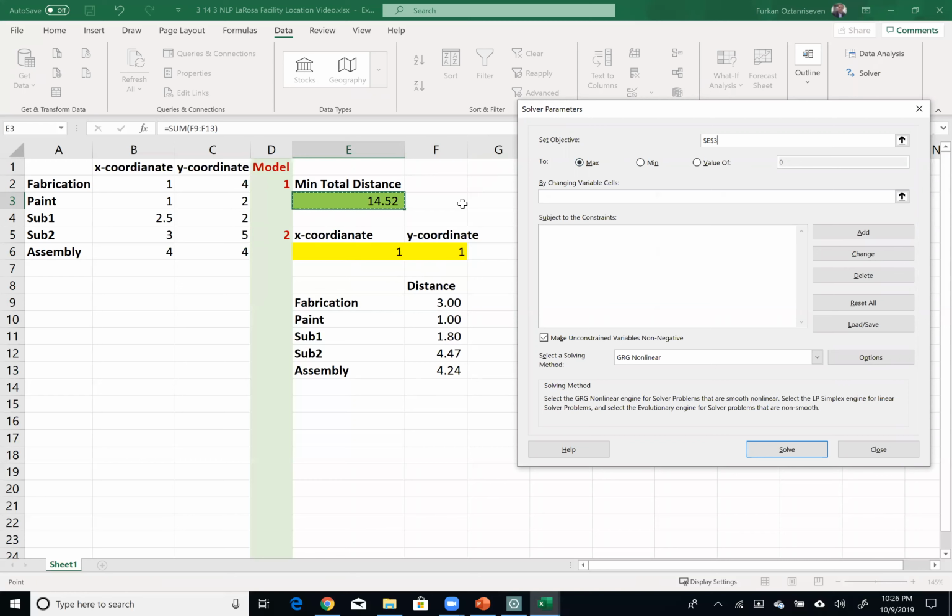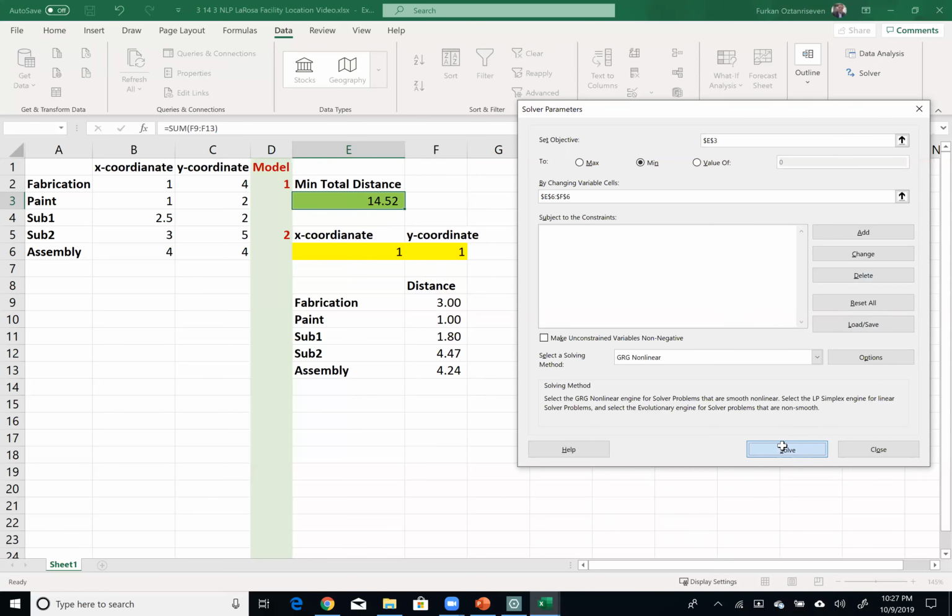It's minimum total distance, so I will click Min, and the decision variables are these values. I would like to add my constraints, which I don't have any, so I will leave it blank. I want to make sure that I can get negative values, so uncheck this. I'm using nonlinear programming because my objective has square terms. It's not a linear equation, it's a quadratic equation.